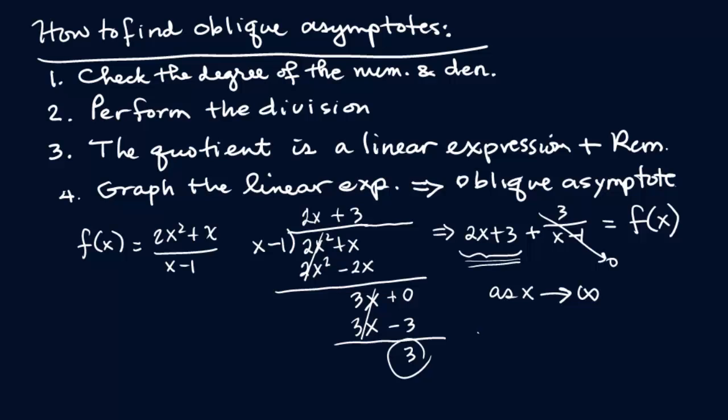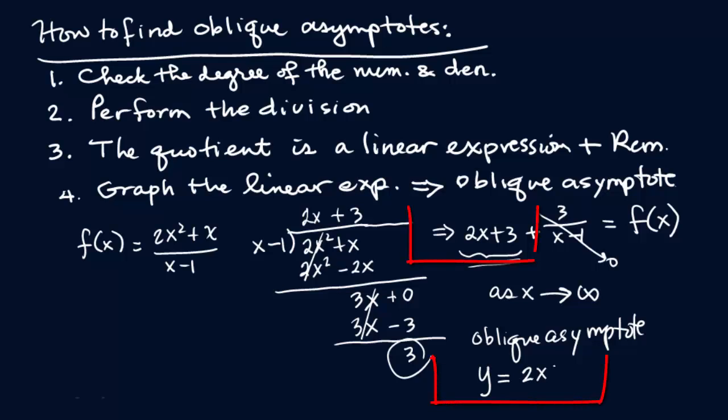So your oblique asymptote is the quotient, that's the linear expression, it's part of the quotient, and you just eliminate the remainder. So it is going to be y is equal to 2x plus 3. The end.